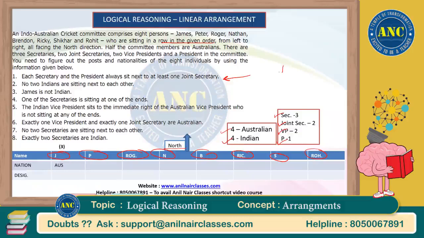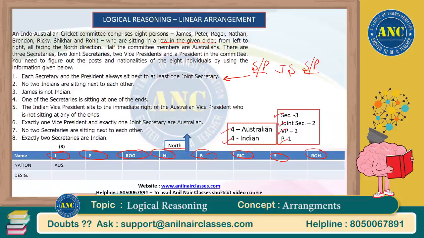That if a joint secretary is sitting, he should accompany a secretary or a president. Because there are only 2 joint secretaries and there are 4 people, please note this point, there are 4 people who he has to be adjacent to.